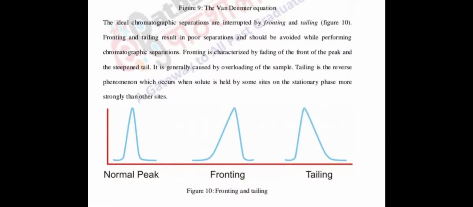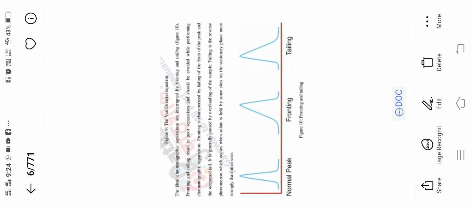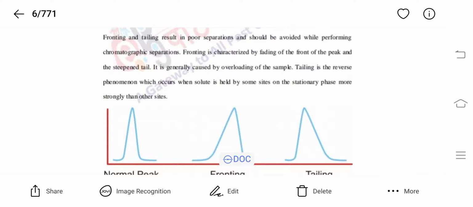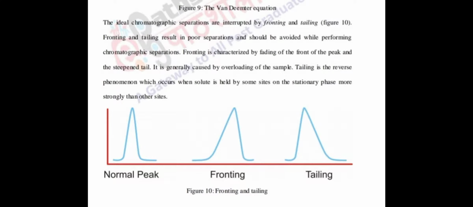Both are wrong peaks, and if the chromatogram is showing fronting or tailing peaks, then we have to reconsider the selection of the stationary phase as well as the mobile phase, because these are the result of poor separation.